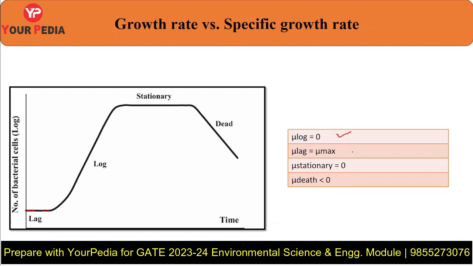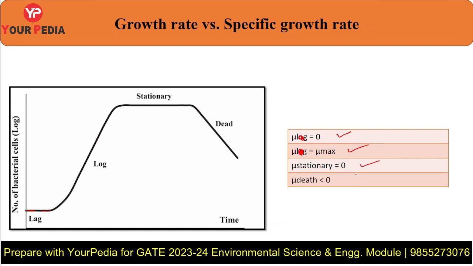During log phase, the specific growth rate reaches its maximum. Okay? During stationary phase, it's almost equivalent to 0, because growth rate becomes equal to death rate.